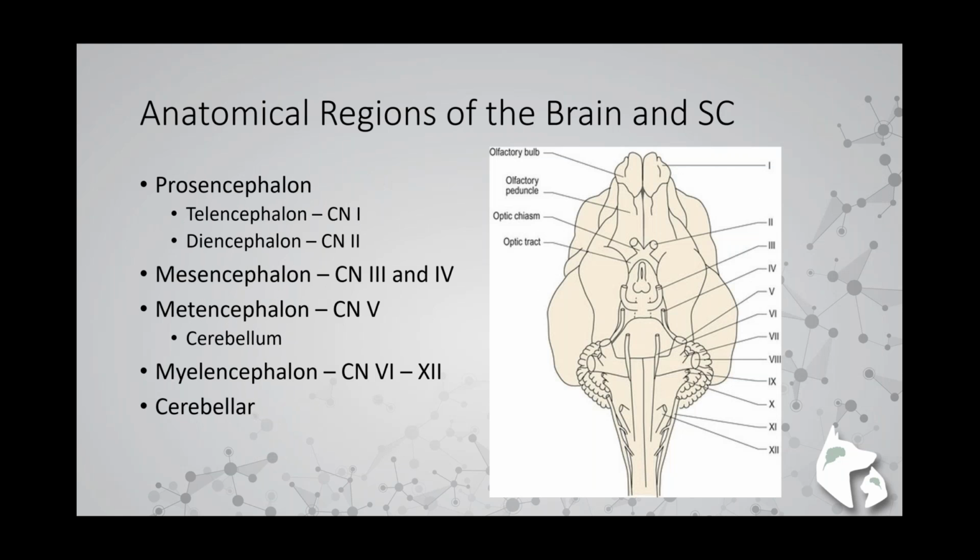The reason we want to know those things is that the individual cranial nerves come from specific areas of the brain. From your forebrain, you'll have cranial nerves 1 and 2, the sense of smell and the sense of vision. And then pretty much all of your other cranial nerves come from your brainstem. So 3 and 4 from your mesencephalon, 5 is the only one that comes from your metencephalon, and the rest, 6 through 12, come from your myelencephalon.